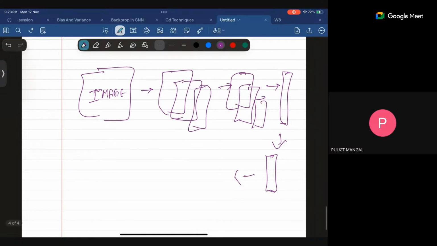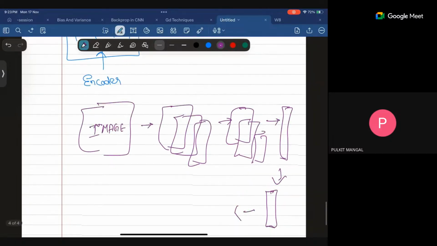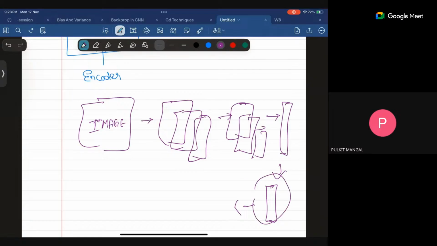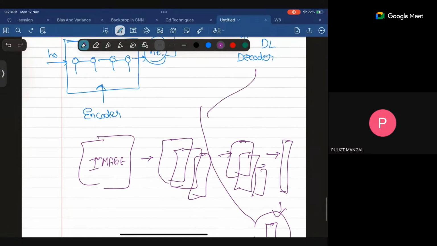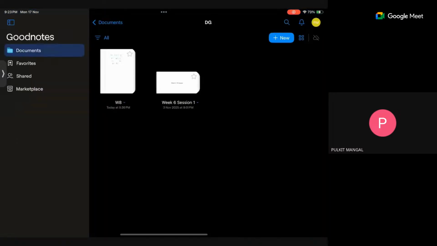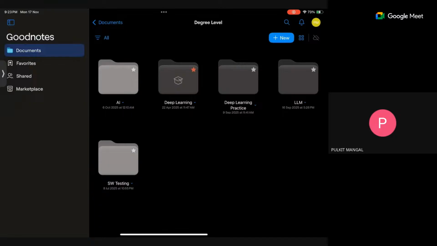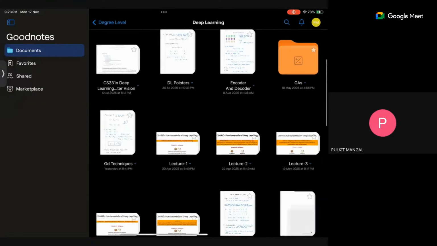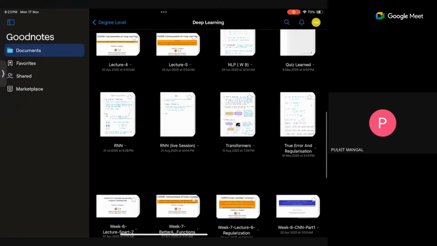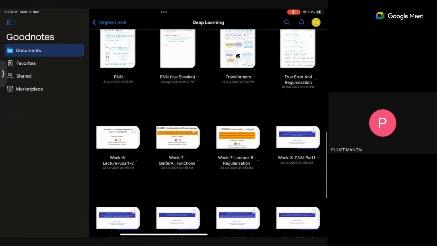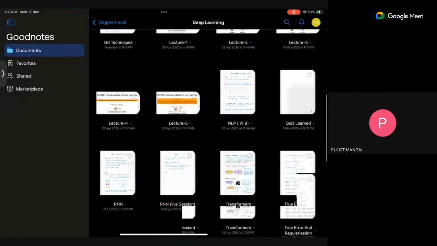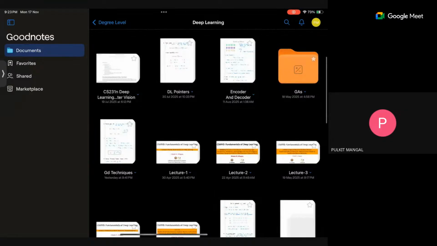That representation you can take, and then it is fed to your decoder model. Encoder, decoder.